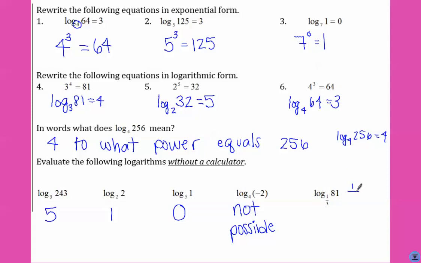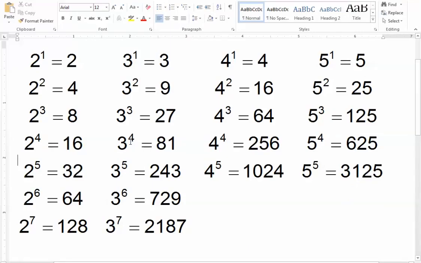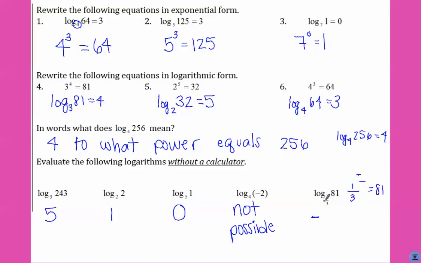So this is saying 1/3 to some power equals 81. Now, we know from graphing exponentials that when you raise a fraction to a negative exponent, that's when it changes to a fraction. So we know we have a negative, and then 3 to what power is 81? That's 3 to the 4th. So log base 1/3 of 81 is negative 4.